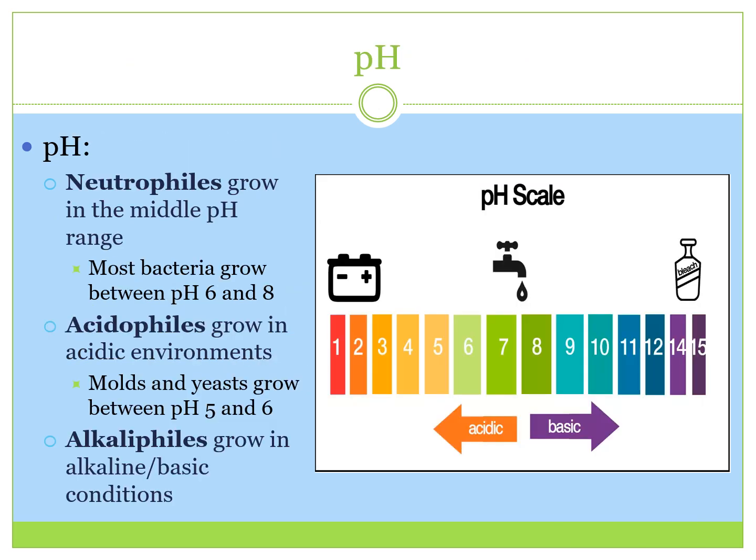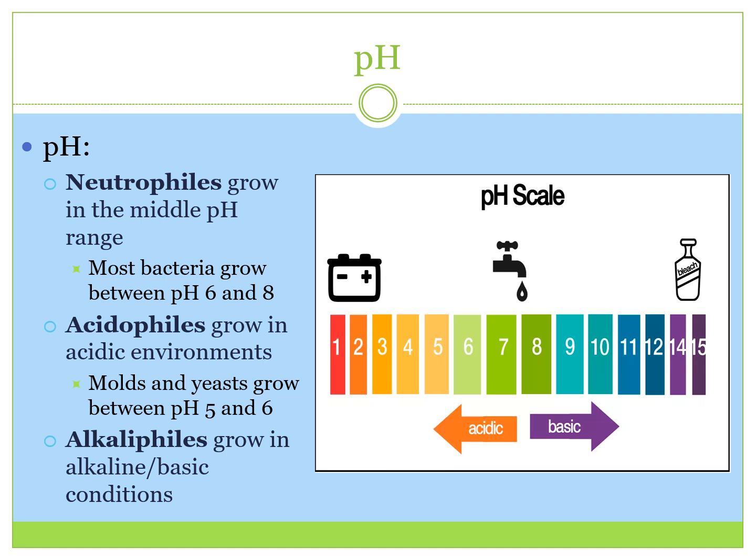Moving on to pH. So remember that this is going to be a scale where closer to 1, you are getting more acidic. Closer to 14, you are getting more basic. Organisms that are able to grow and prefer to grow in the middle, around pH 6 to 8, are going to be neutrophiles.